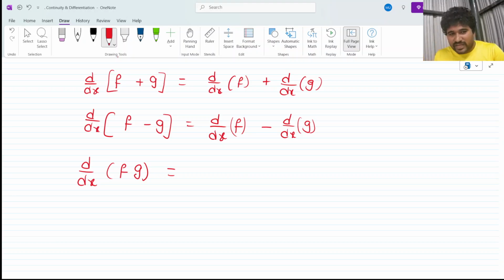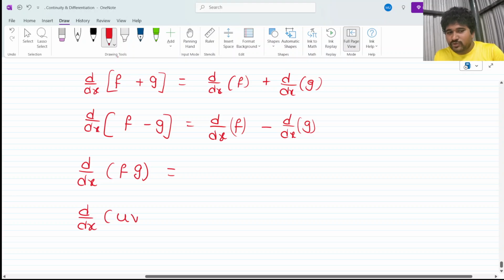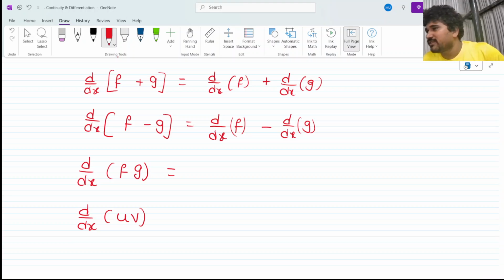I want to write it as d by dx of uv. One function is u, another function is v. Another way of writing it is uv whole dash, meaning you are differentiating u into v.